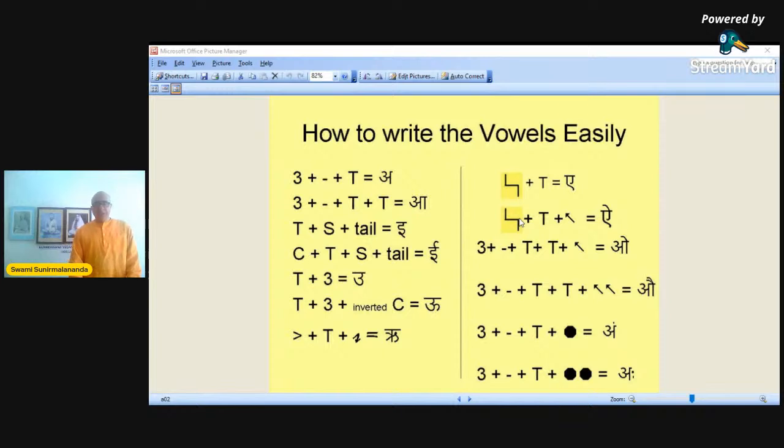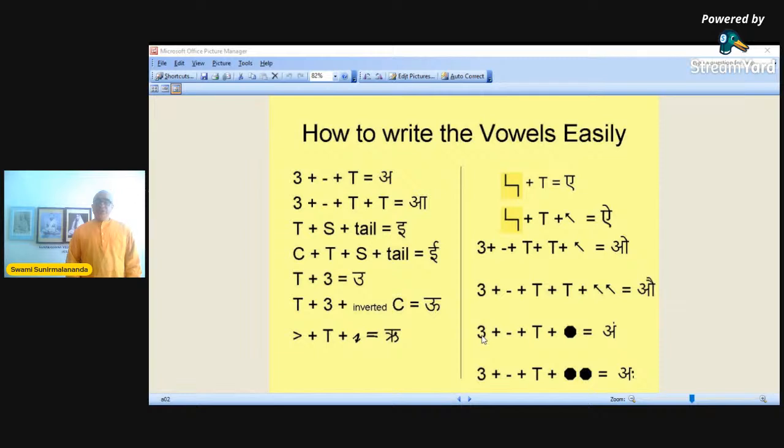Next, the chair itself again, T plus an arrow mark above, like a peacock's feather. Remember the peacock's feather. It becomes I. Now you write the number 3, add a hyphen, add 2 T's and an arrow mark above, it becomes O. Similar, just one more arrow mark, it makes it Au.